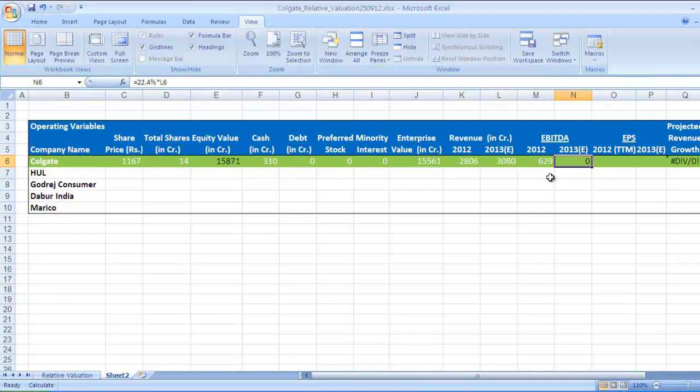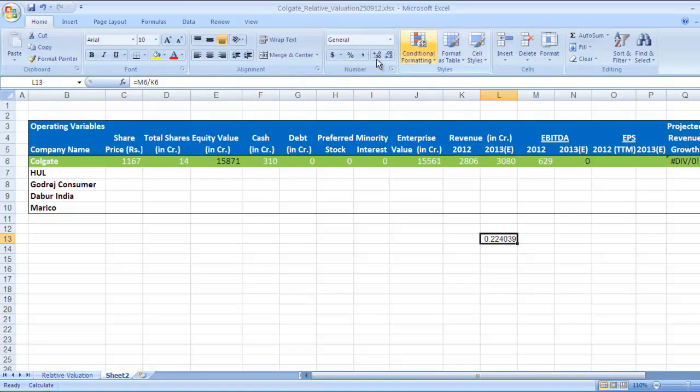For 2013 EBITDA, we will estimate it based on the ratio, that means the relation of EBITDA to revenue. So for 2012, EBITDA is 629 divided by 2806, that is revenue in 2012. We want it in percentage terms, so put percentage, that is 22%.